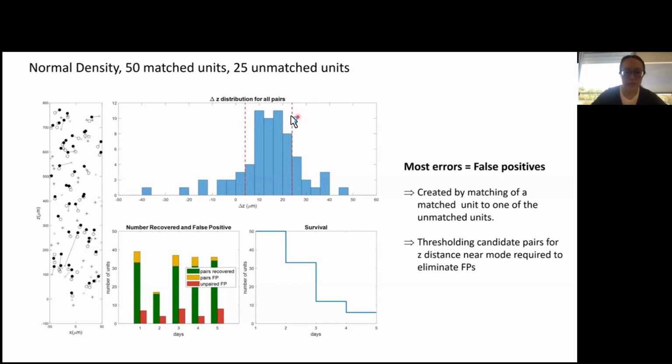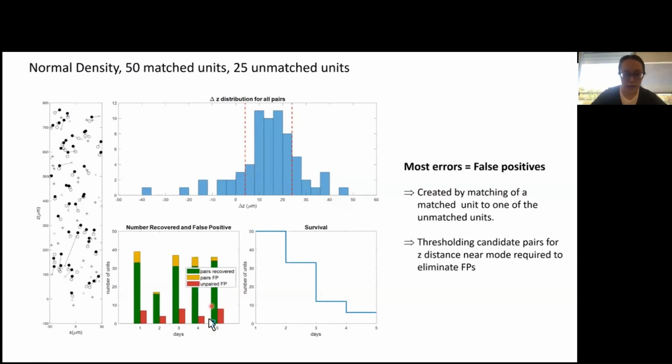The drift estimation is still correct, around 14 micron, even though we have those distractor units. And this can show some of the strength of the EMD method. But the tail of this distribution is much longer, because those unmatched units are forced to match to faraway units since they don't have a real pair.